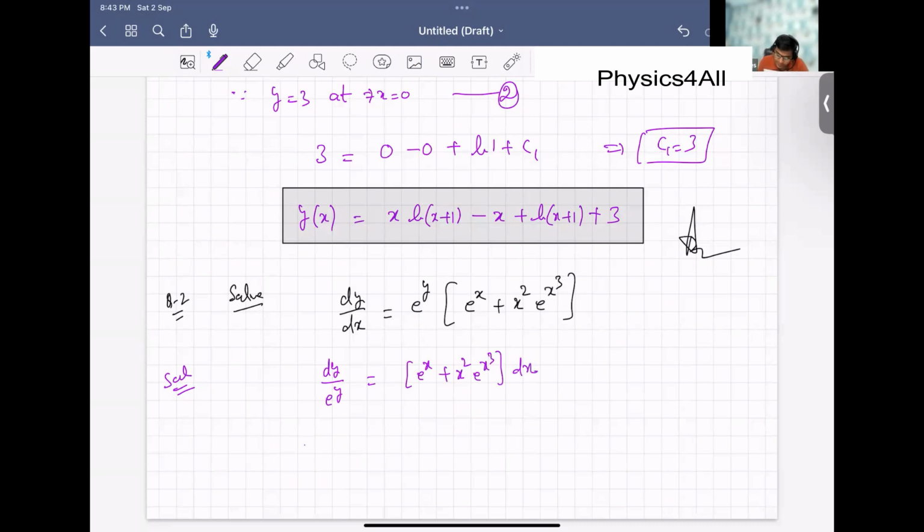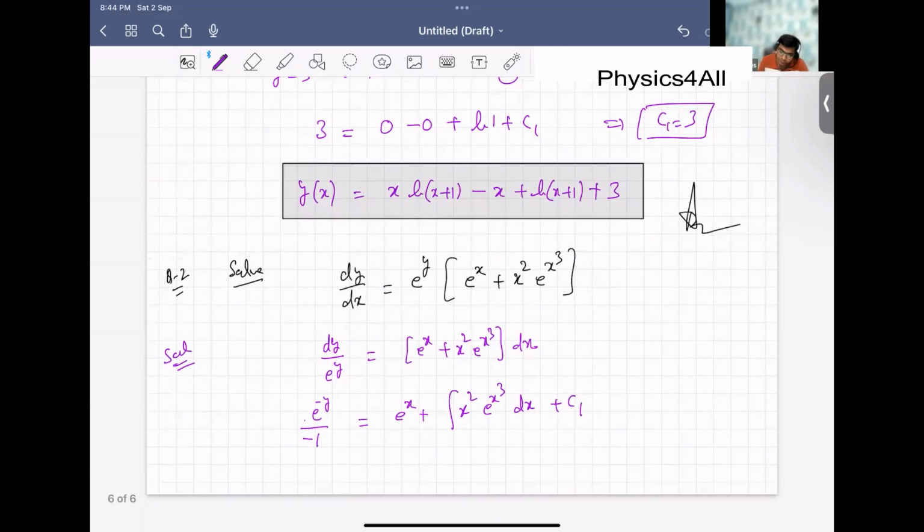Right, you integrate it, you get e to the power minus y upstairs divided by minus 1, right? And then you have e to the power x. Now you have x square e to the power x cube dx plus constant of integration.